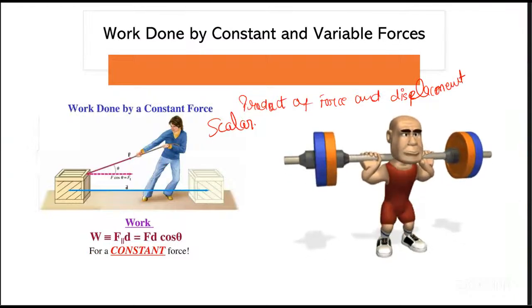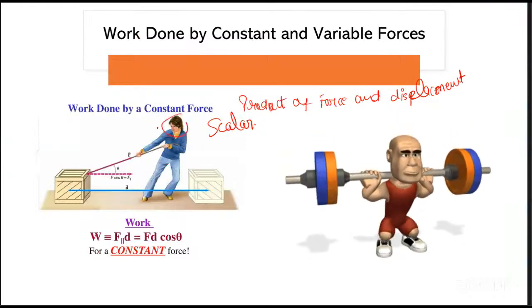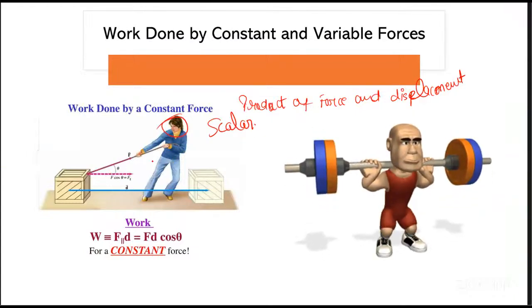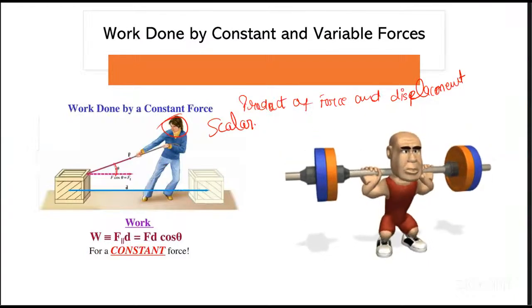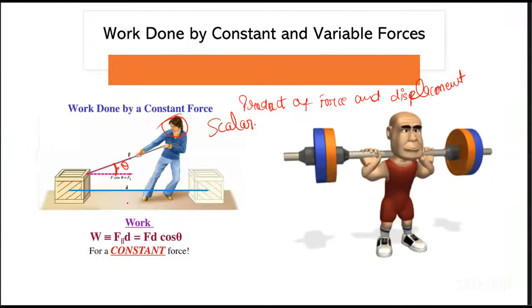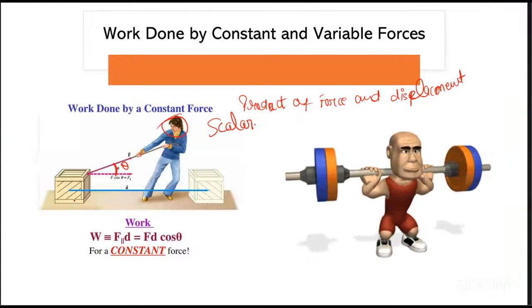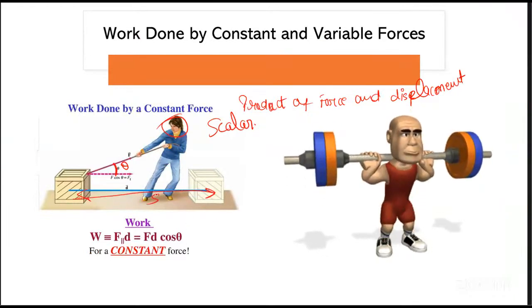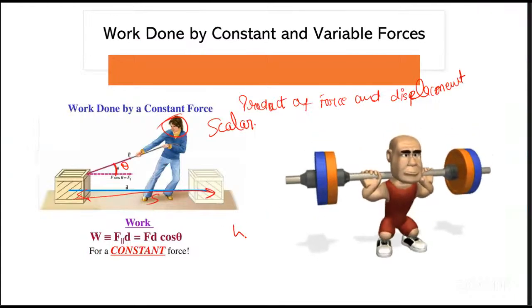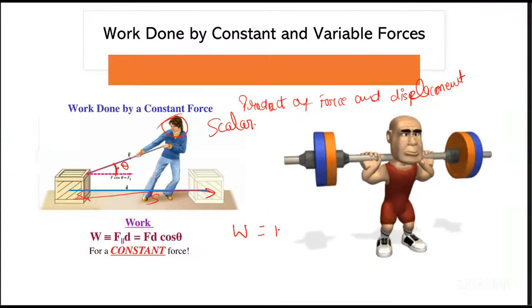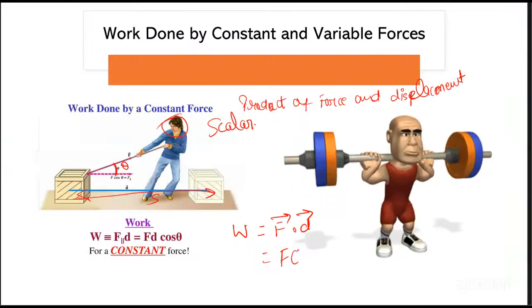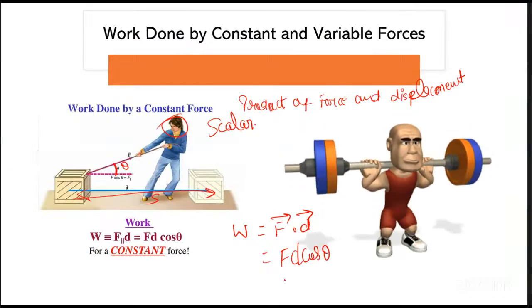Like you can see, this man is pulling this block in the forward direction with some angle theta, and he displaces this block from here to here. So this will be the value of displacement, let's say S. The work done by this man is F vector dot D vector, which, if you open the dot product, is F D cos theta.